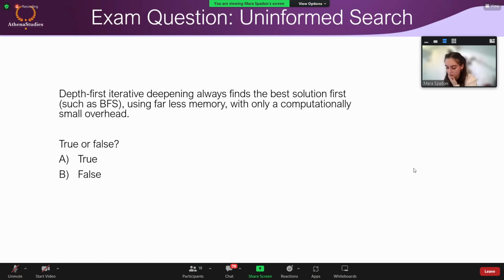Okay, I'm seeing kind of a 50-50 split between A and B.